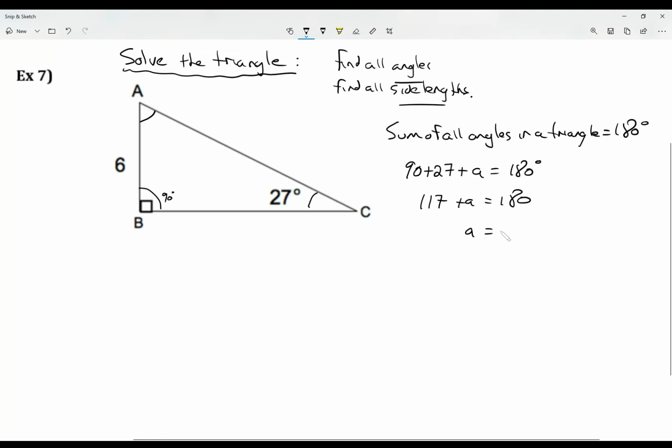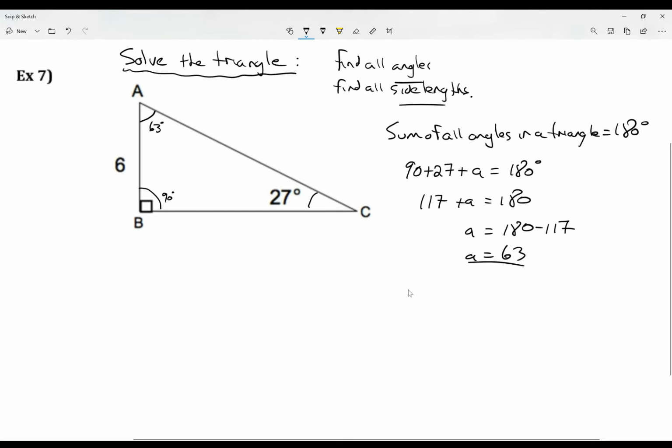So to get A, I subtract 117 from 180, and A will equal 63. So I know that this angle A is 63 degrees.